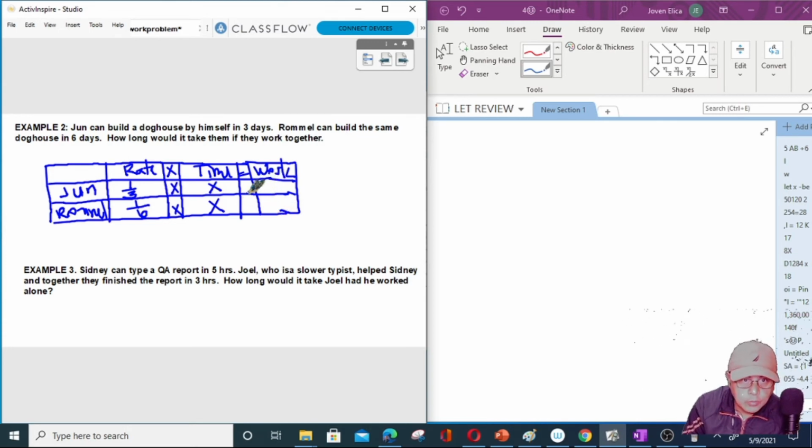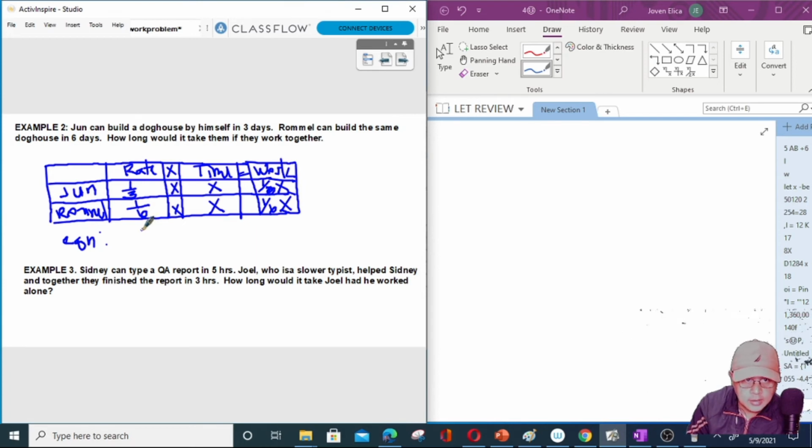So therefore, the work is 1/3 of x for June and 1/6 of x for Romel. So to get the value of time, we can derive the equation now from the given table.